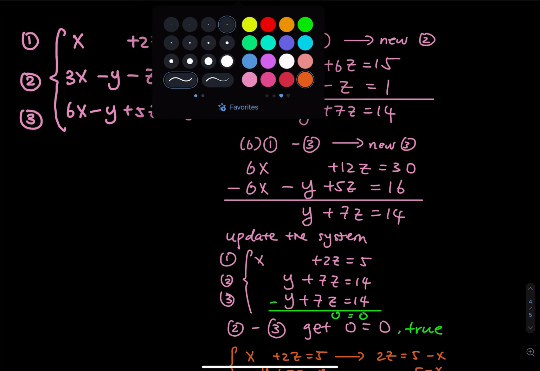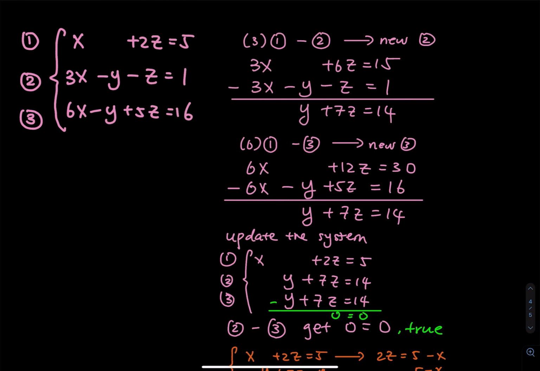What color should I use? Let's use green. All right, so as long as you get something like 0 equals 0, and this is true, this is a sign of many solutions. But we are not done yet.